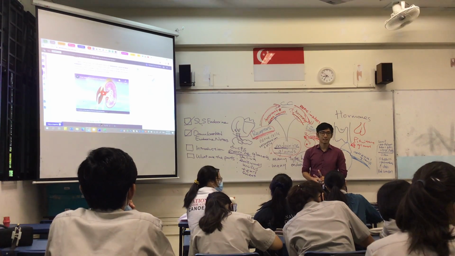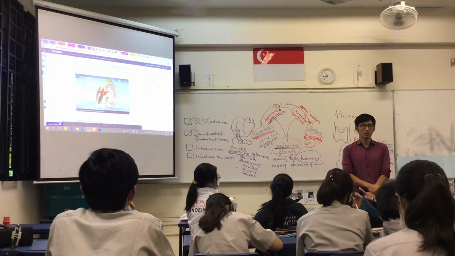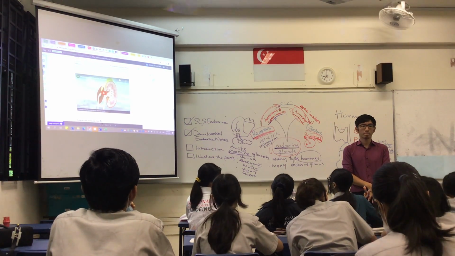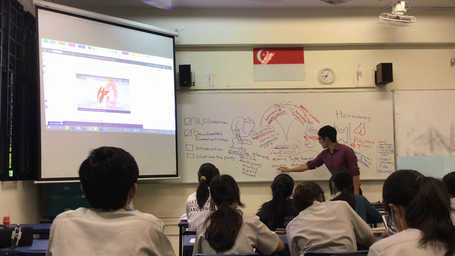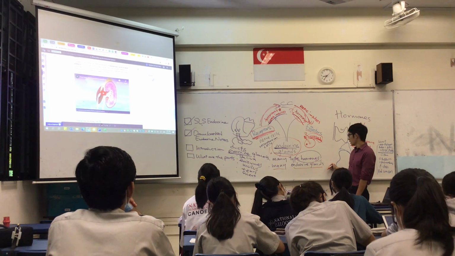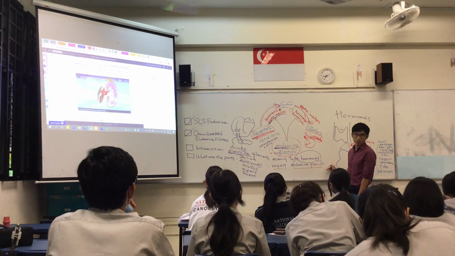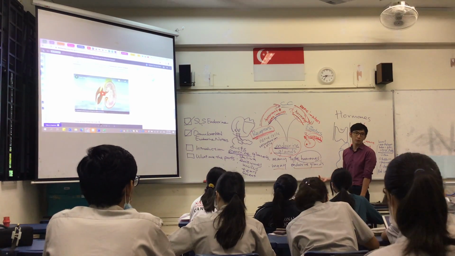Yes? Do endocrine glands only produce one hormone each, or can endocrine glands produce more than one? Okay, good question. We have many endocrine glands. Do they each just produce one kind of hormone? Some do, some don't. At least for the examples you'll be learning, they can produce more than one kind of hormone.